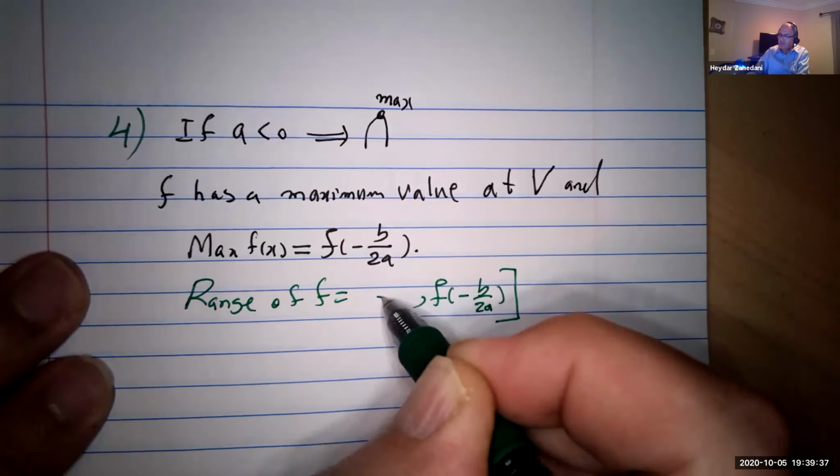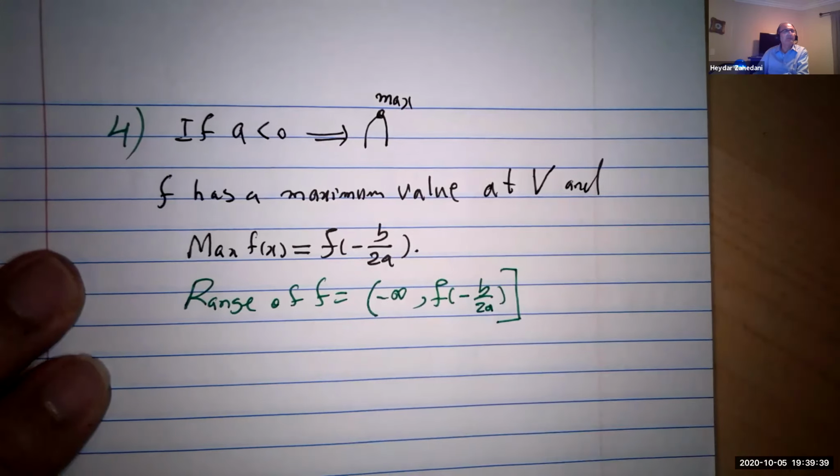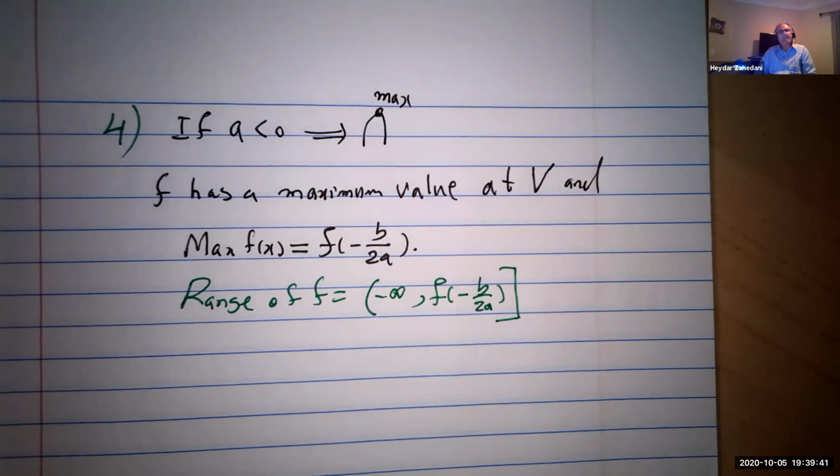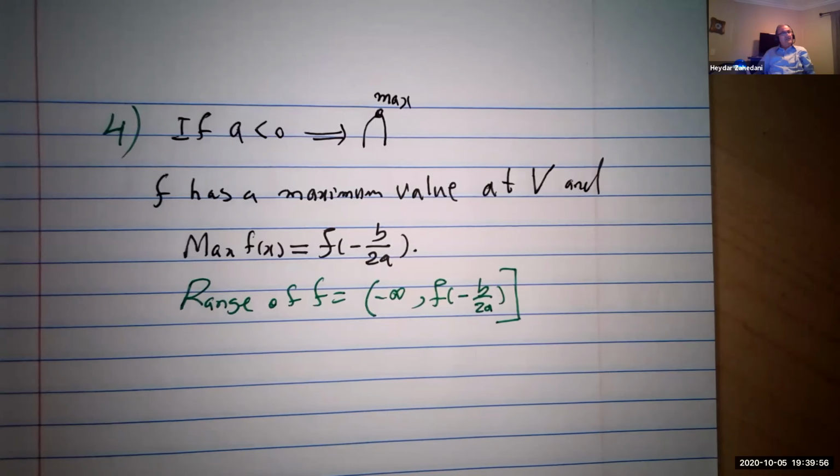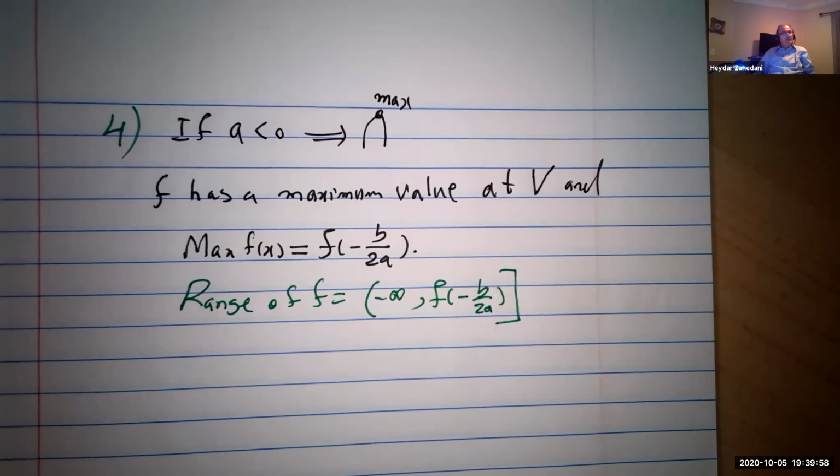You start from negative infinity up. That would be the range. When you have the maximum, you go from negative infinity to the maximum. If you have a minimum, you start with the minimum and you go to the top. And that's all we need to be able to solve any problems.